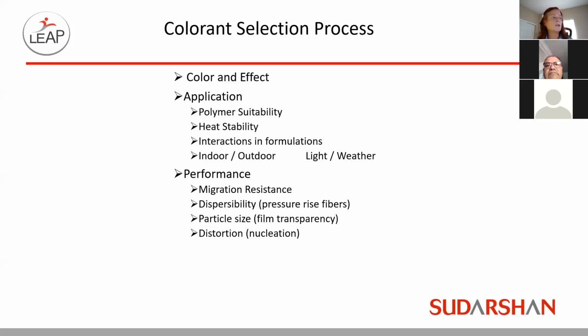We certainly don't want to clog the holes of the spinning mold with a colorant in there. And then particle size is important as well, especially if the end application is a blown film, transparent type of film. And then lastly, distortion as far as the stability of the shrinkage of the part.